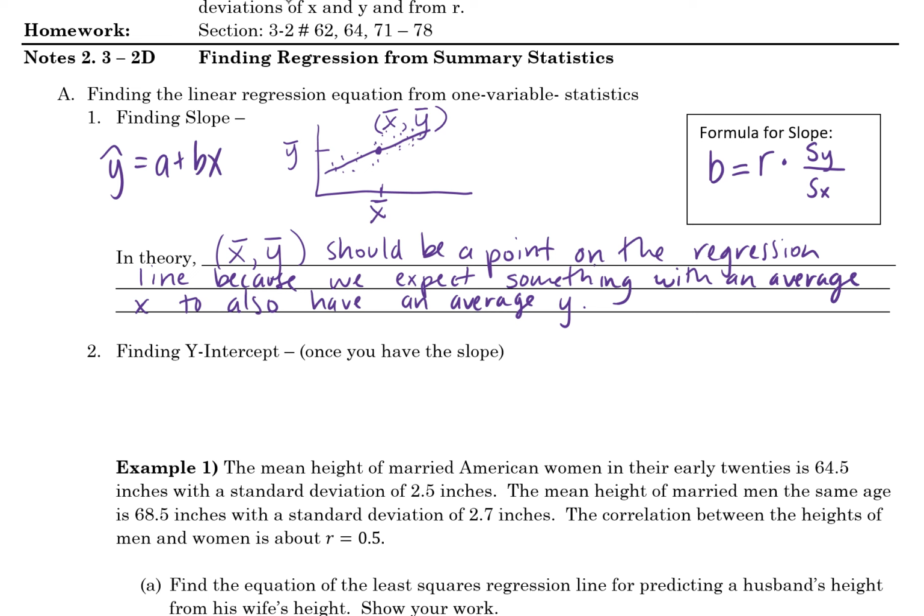Once you have the slope, assuming you've already plugged in what you need to find it, so you know b, to find the y-intercept you just plug in the point x bar comma y bar, the average value for the x's and the average value for the y's, for x and y hat. And then you solve for a. Again, this is going to make a ton more sense when we see an example. It's super easy, frankly.